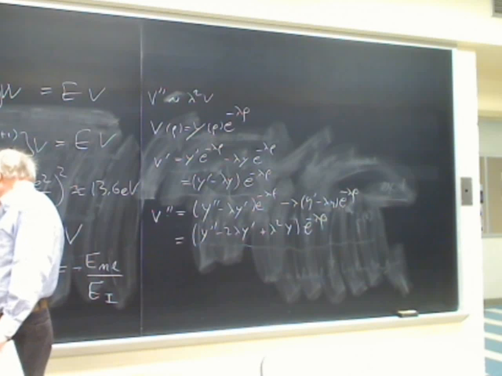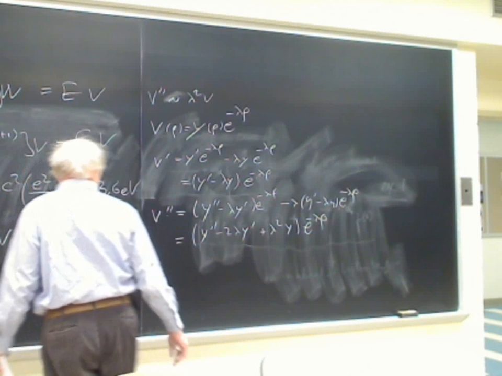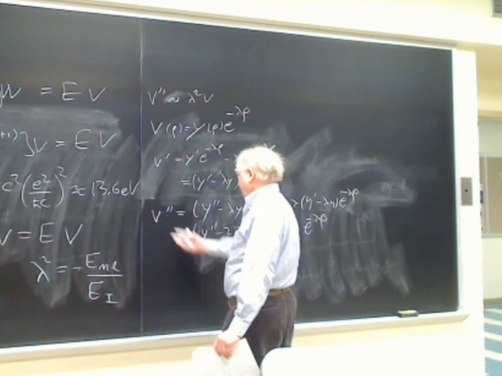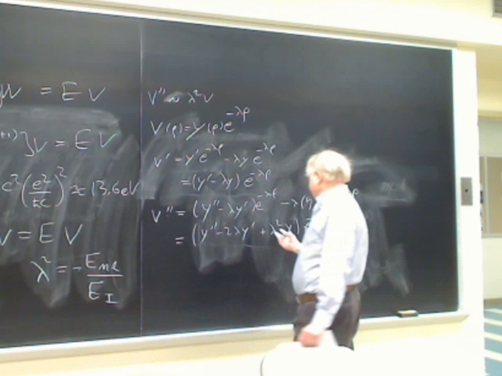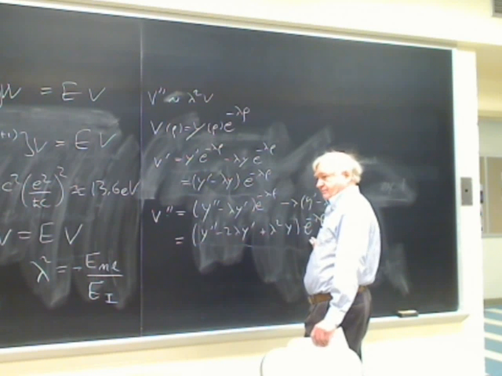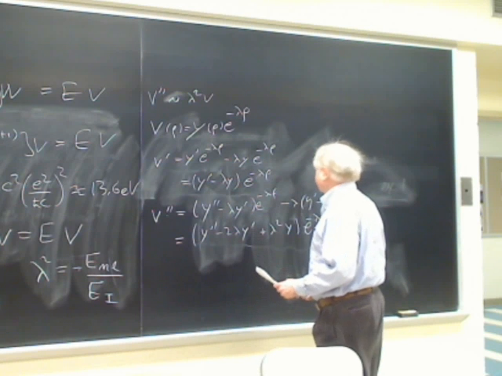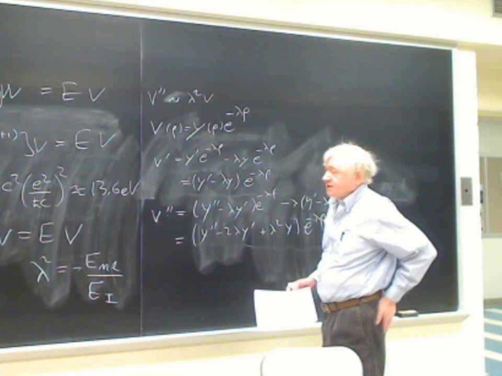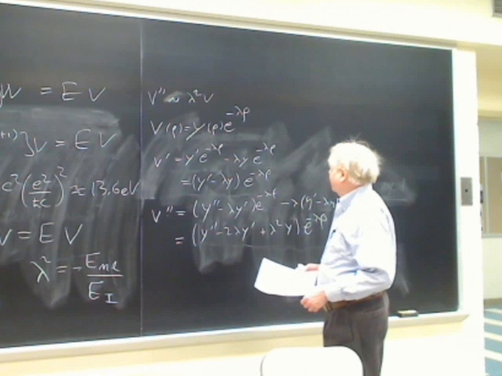This lambda squared V is going to cancel because V double prime gives us a lambda squared V. And see, I'm trying to do that without erasing another board. I guess I'm going to have to.